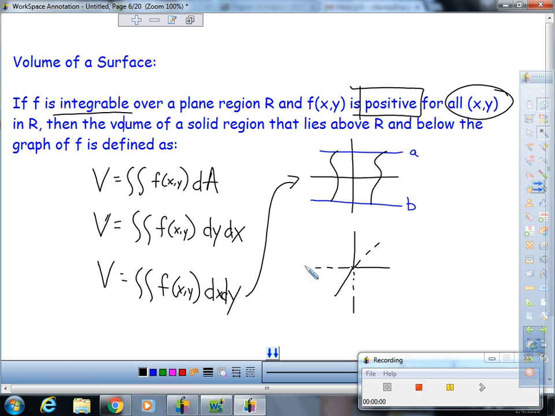This is the x-plane, so the y. It's parallel to the x, so like this, and like this, and we'd have some functions here. Let's say this is f of x on the right and g of x on the left.